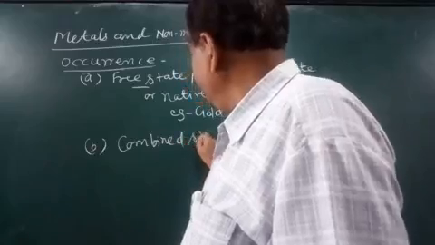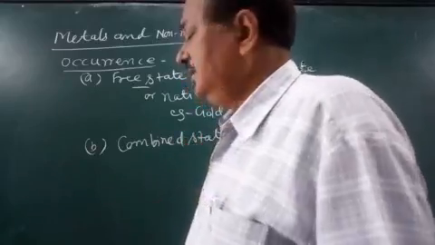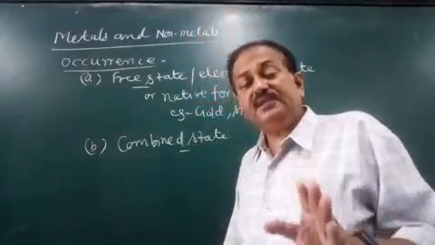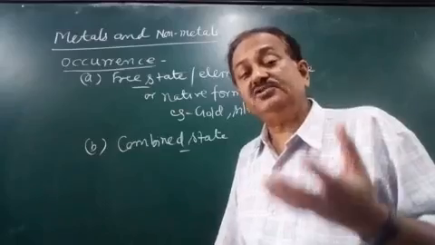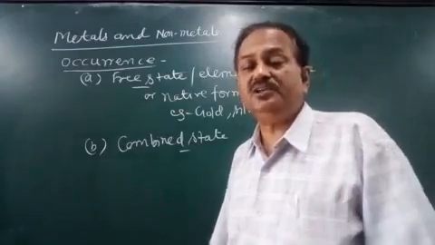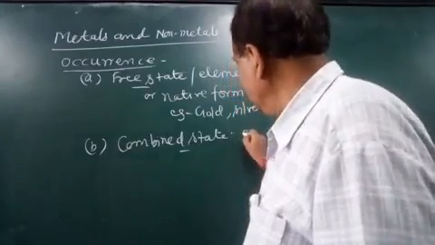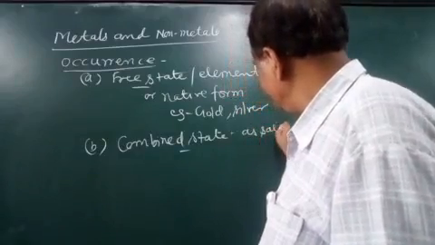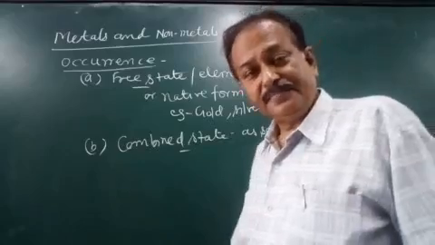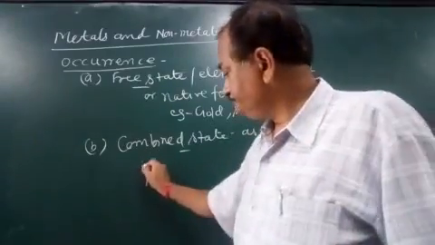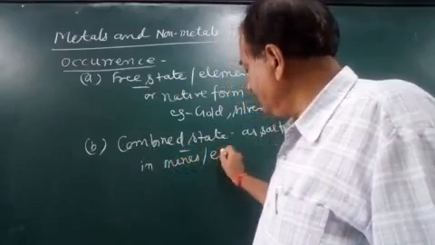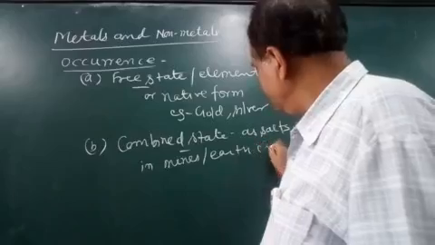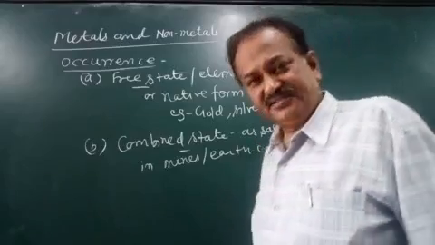Combined state means when the metals are found in the form of their salts. Their salts are found in mines or earth crust.